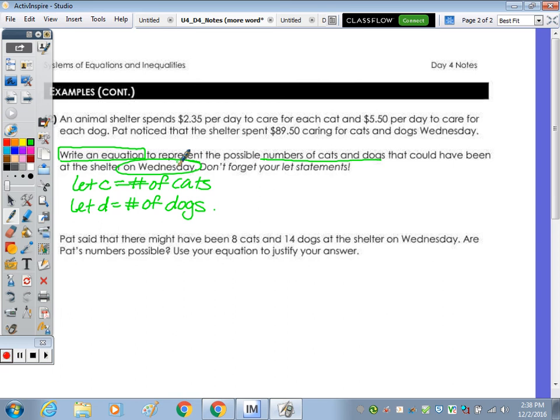So for Pat, again, he noticed that the shelter spent a total of $89.50. They spent $2.35 per day to care for a cat and $5.50 to care for a dog. What's the equation? Gabe? 2.35C plus 5.50D equals 89.50. That is correct.